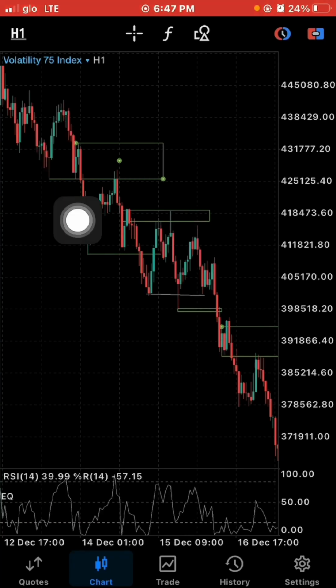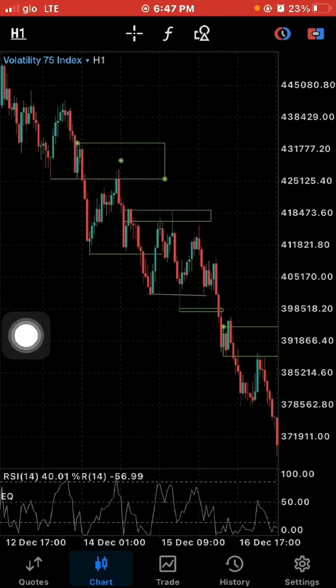You can only get your stop loss by looking at what price is doing. So in as much as this RSI is important, the price movement, what the market is printing, is also more important, and you should always take note of what the market is doing before you start buying or selling.